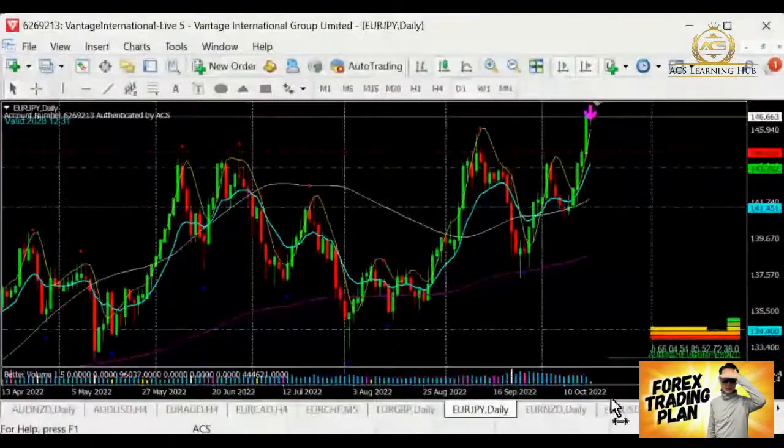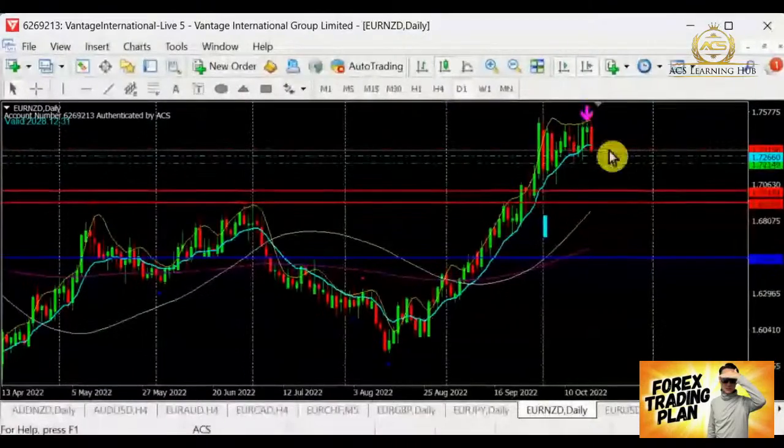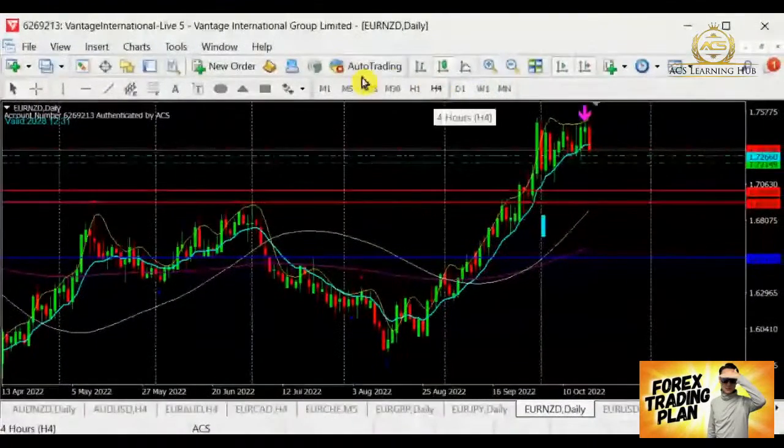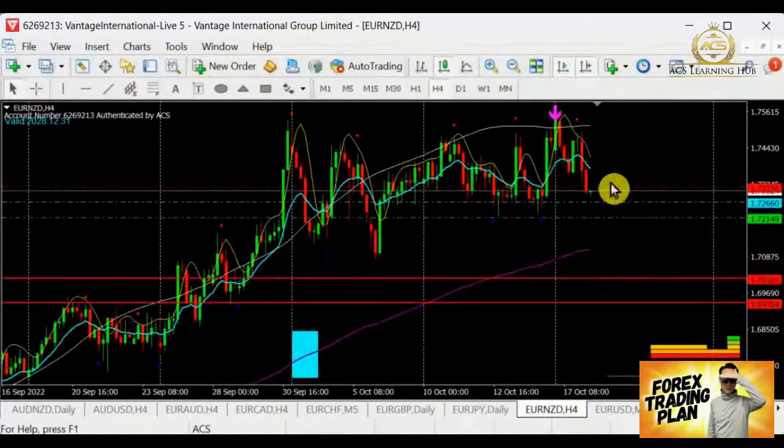Euro Kiwi, we are in the bull having a retracement. Now we are into the transition area, where it may be transiting from the bull into the bear. Will it start to sell down?